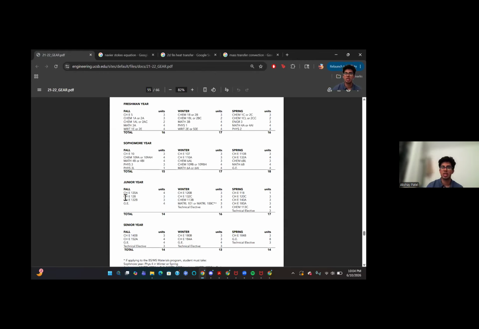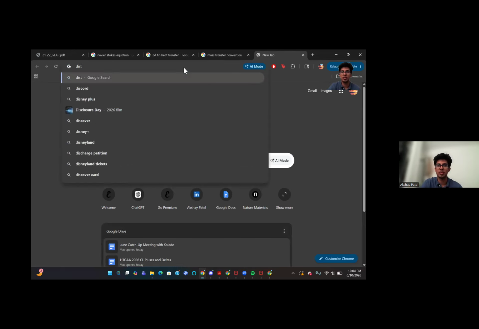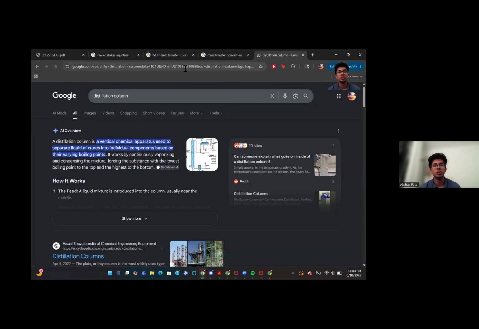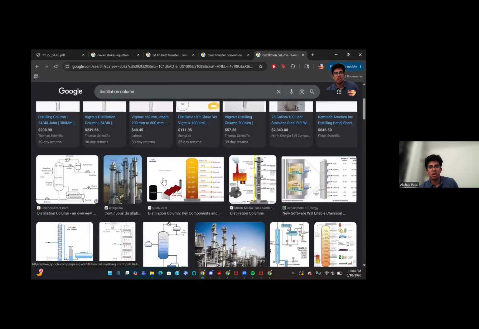Okay, and in your separations class, a lot of the core of traditional chemical engineering lies in distillation columns. So here is a distillation column. What is a distillation column?